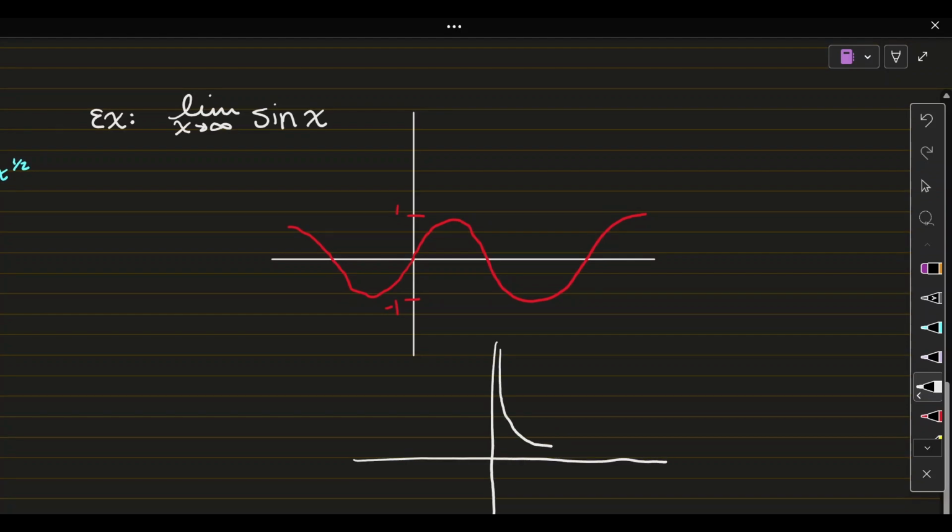It has a limit as x goes to infinity, namely 0, right? Because it gets closer and closer and closer to 0 as we go out to infinity. In other words, it kind of settles to 0 as we move out towards infinity. But sine x never quite settles.